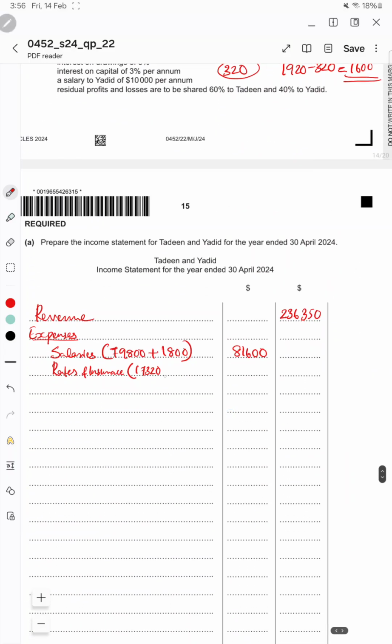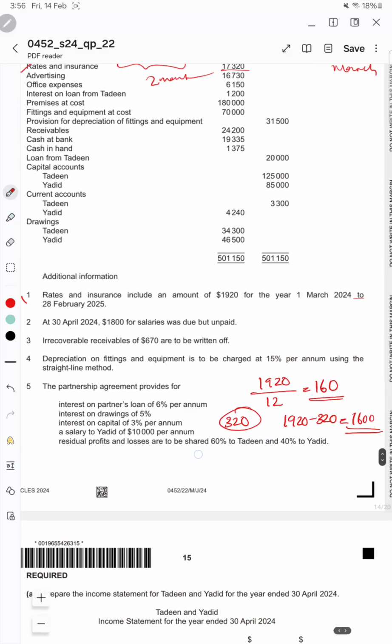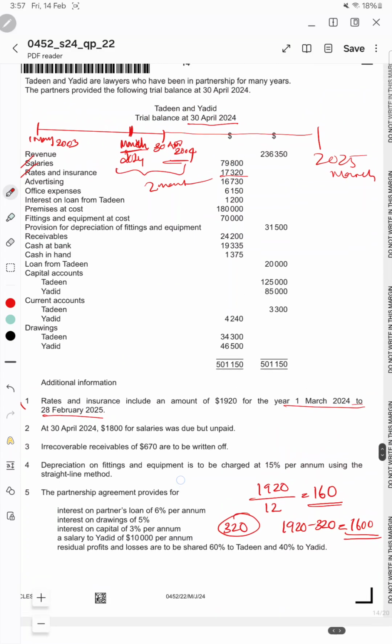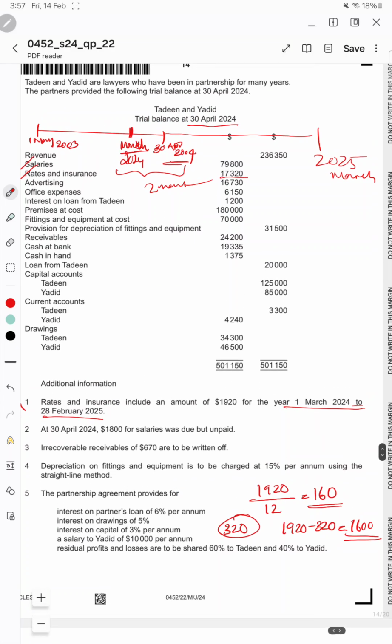So rates and insurance is 17,320 minus 1600. Don't deduct the entire amount of 1920 from your rates and insurance, because it is clearly given that it runs from 1st March to 28th February 2025, and our year end is 30th April 2024.